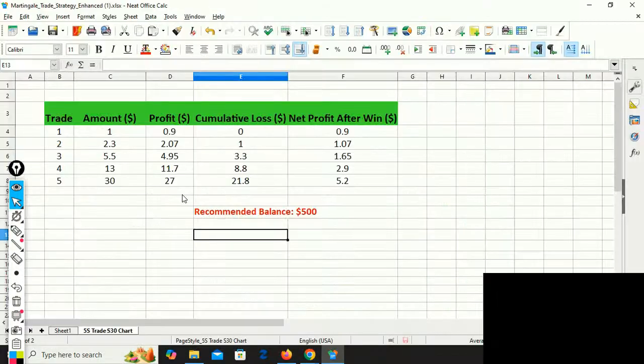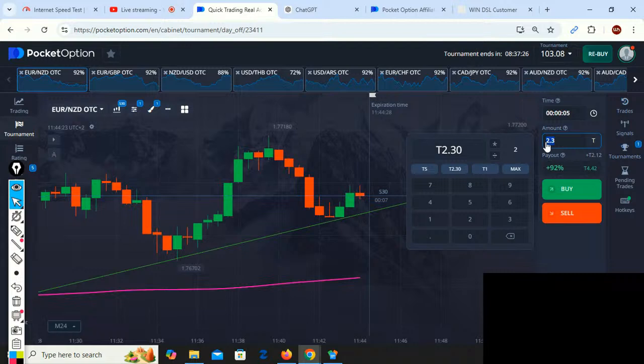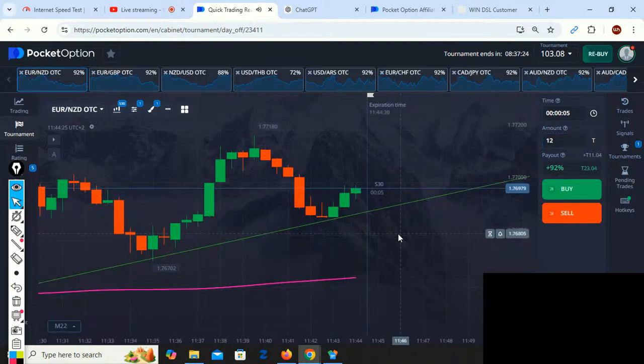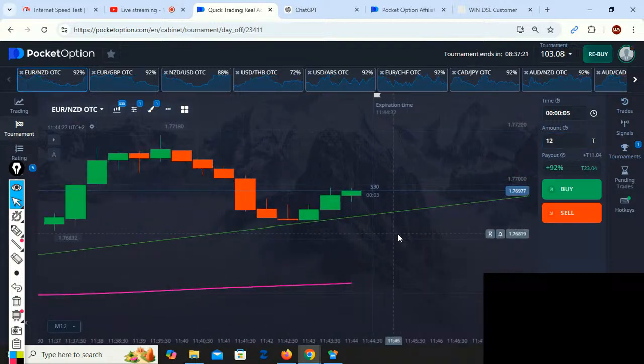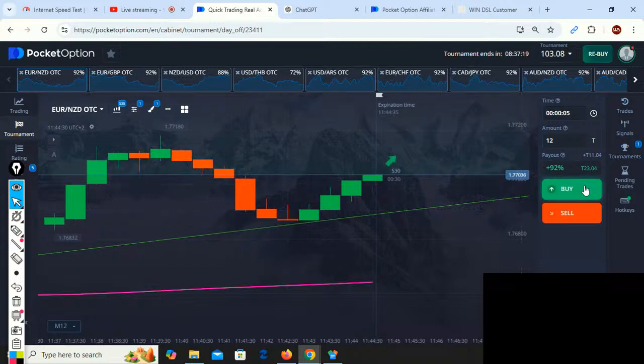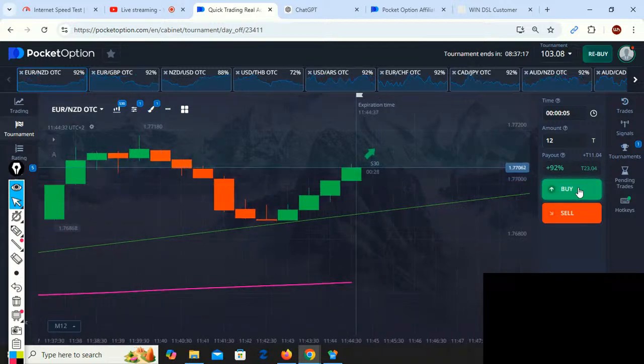So we lost 4.6. So I go for 12, let's say. Okay, show me green. That's green. 27, 25. Go for a buy.